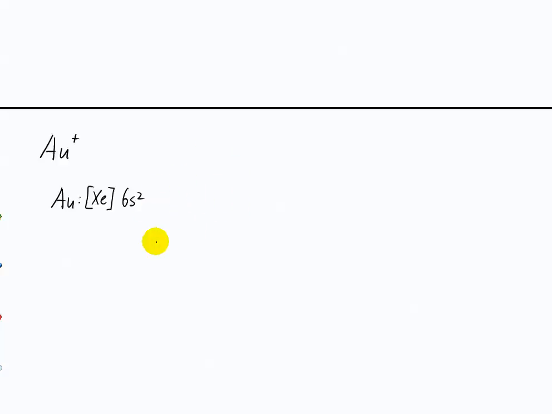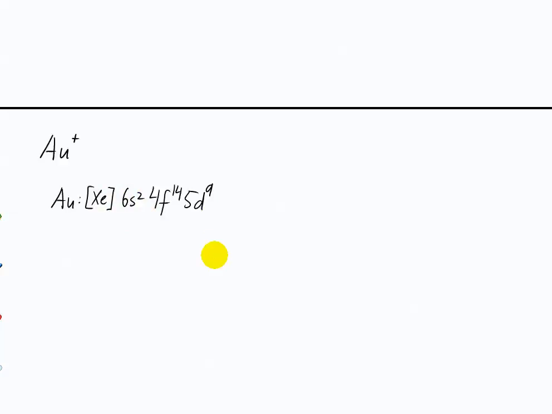So it's 6s2, 4f14. Then 5d, starting at lanthanum: 1, 2, 3, 4, 5, 6, 7, 8, 9. 5d9. So actually, the configuration is probably 6s1, 5d10, just like with copper.